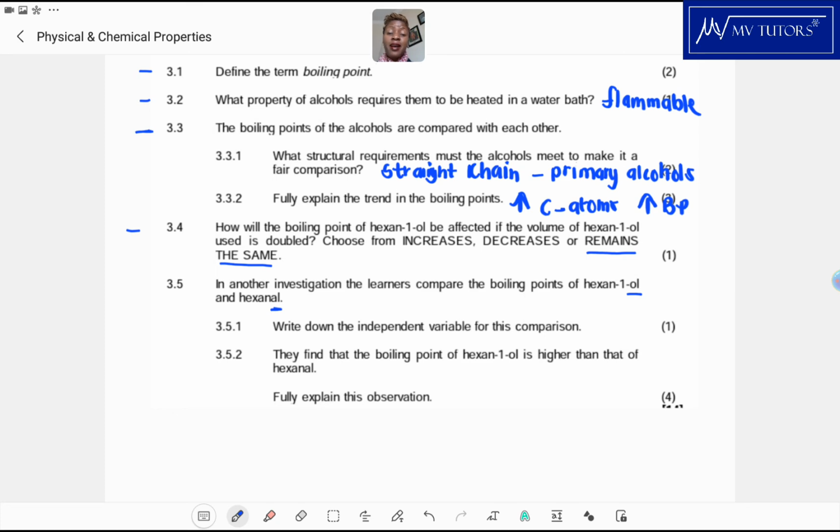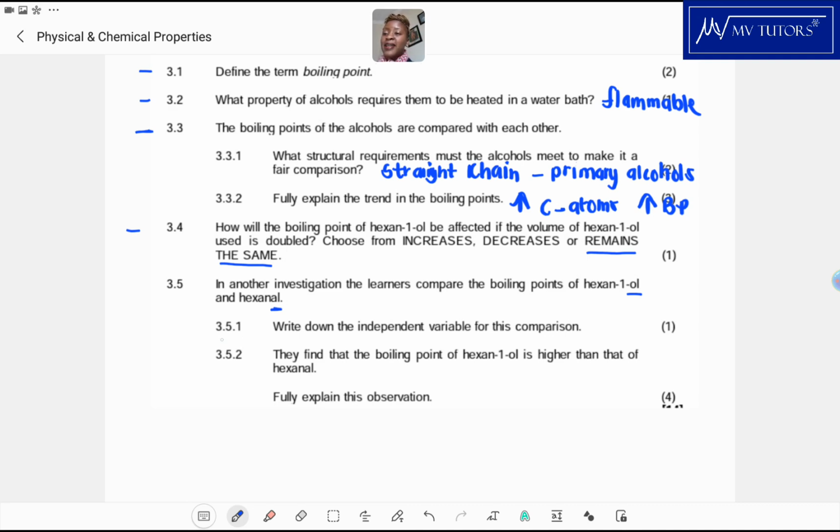So now you have hexanol and you have hexanal. If you're going to compare these two, I'm already thinking alcohol, because of the hydrogen bonding, that's strong. It has a high boiling point. But a hexanal, it's one of those weak van der Waals forces.